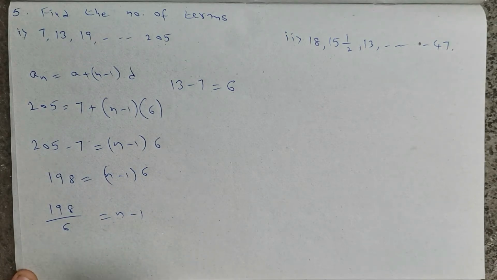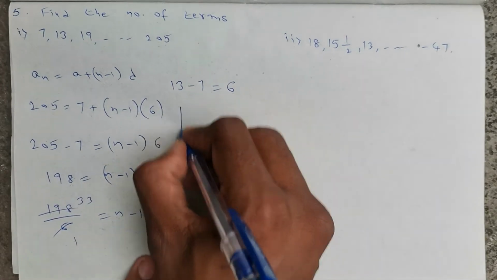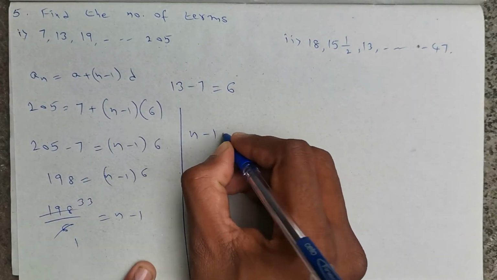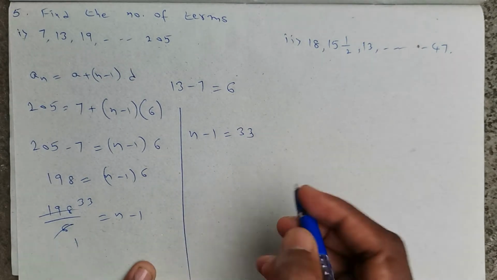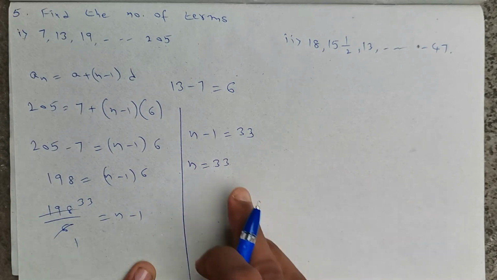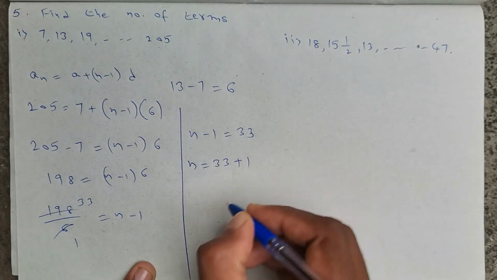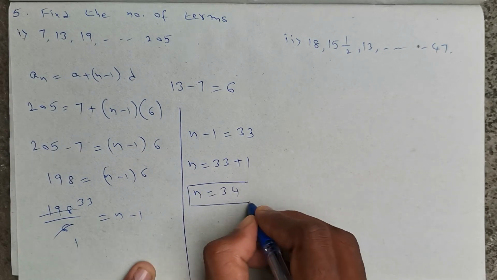Let us do cancellation. 6 thirty-threes are 198, so we get n minus 1 is equal to 33. This minus 1 also I will take to the right side, so n is equal to 33 plus 1, 34.